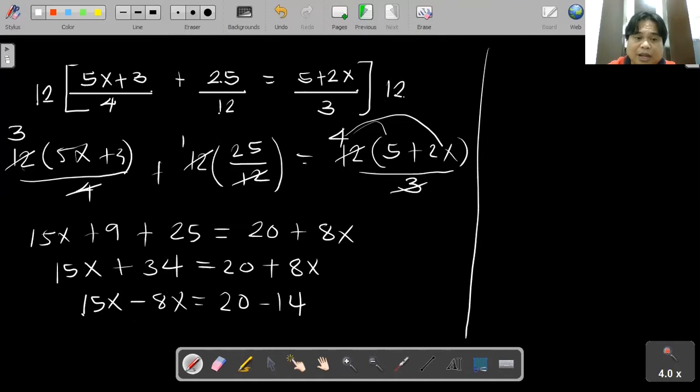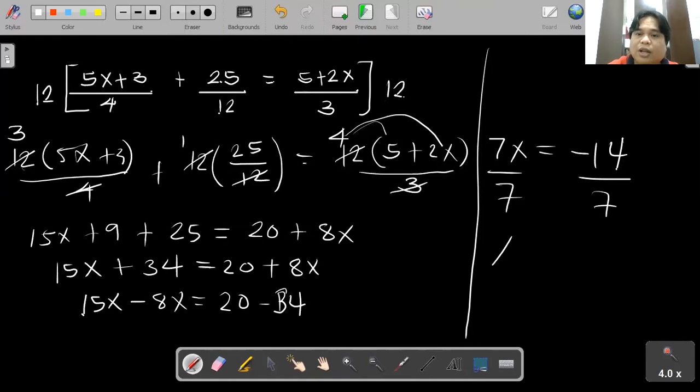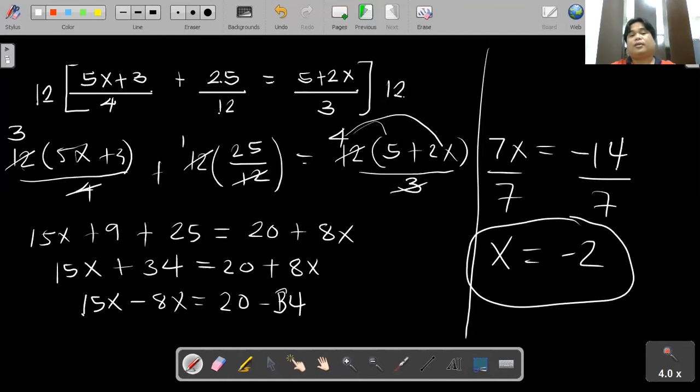And then 15x minus 8x, you'll have 7x. 20 minus 34, you'll have negative 14. So to solve for x, we have to get rid of 7. Again, divide each side by 7. So you'll have x is equals to -2. That's your x.